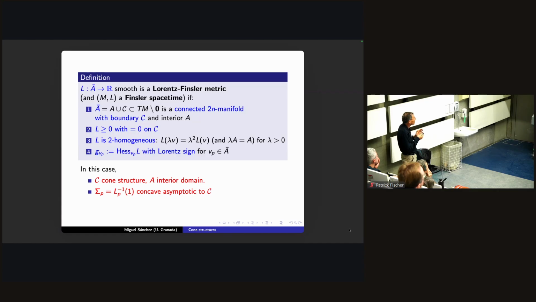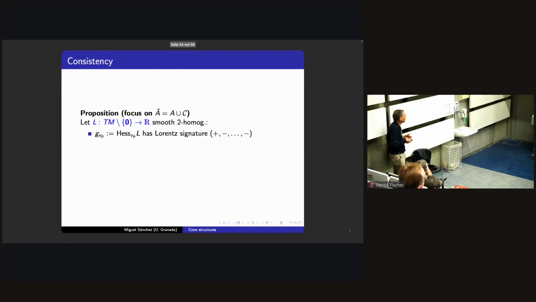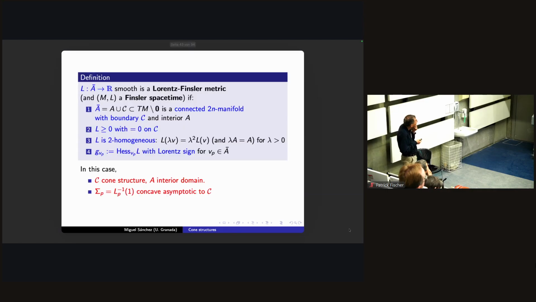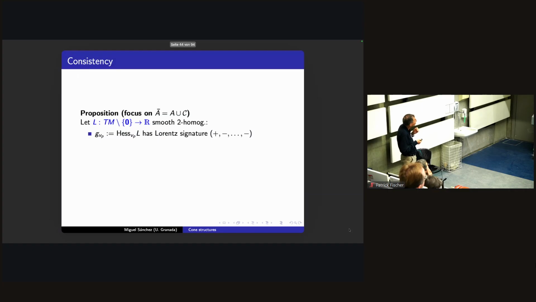analogue of the fundamental tensor, the Hessian of the Lorentz-Finsler metric, which is regarded as two-homogeneous, and which will now have Lorentzian nature. Before it was positive definite, so we had a Euclidean scalar product. Now we have a Lorentzian scalar product in each direction. Notice that in this definition, we are defining the Lorentz-Finsler metric only on the cone and in the interior of the cone.